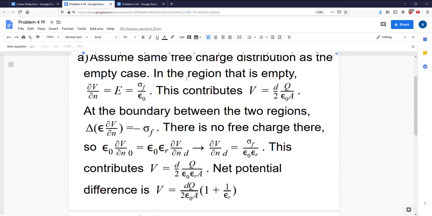And I can do this because there is never going to be a boundary where this matters, because the boundary between air and dielectric material is horizontal in that picture, but the potential is changing in the vertical direction, so this is always going to be 0.